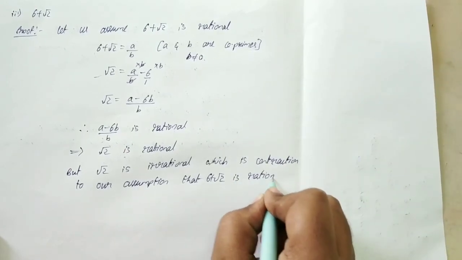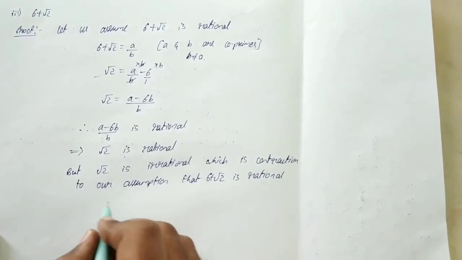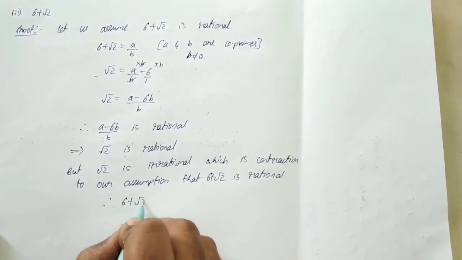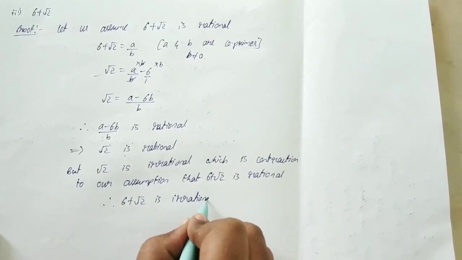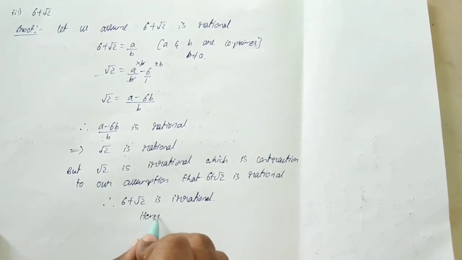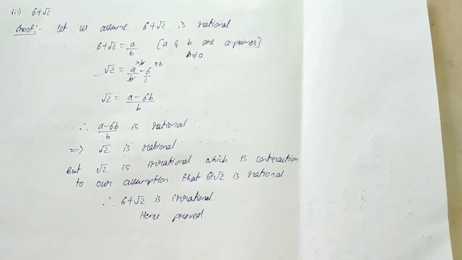That means what we considered, 6 plus root 2 is rational, that is wrong. Therefore 6 plus root 2 is irrational. Hence proved. Thank you.